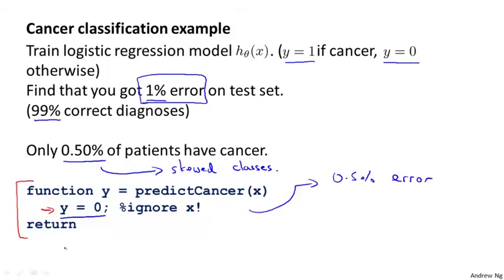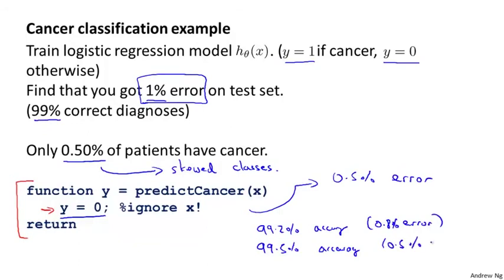So the problem with using classification error or classification accuracy as our evaluation metric is the following. Let's say you have one learning algorithm that's getting 99.2% accuracy. So that's a 0.8% error. Let's say you make a change to your algorithm and you now are getting 99.5% accuracy. That is 0.5% error.